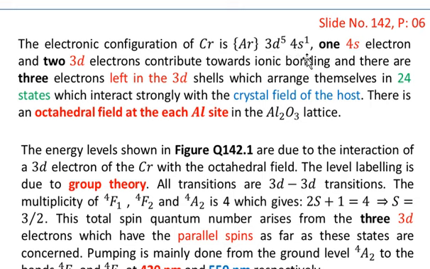Out of these, one 4s electron and two 3d electrons contribute towards the ionic bonding, and there are 3 electrons left in the 3d shell, which arrange themselves in 24 states which interact strongly with the crystal field of the host. There is an octahedral field at each aluminium site in the Al2O3 lattice.